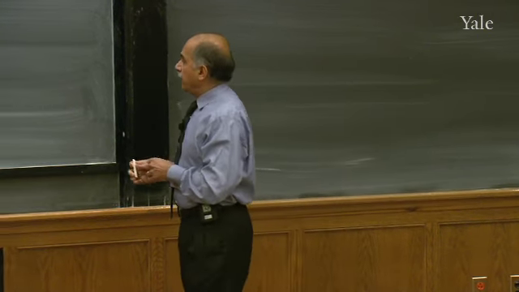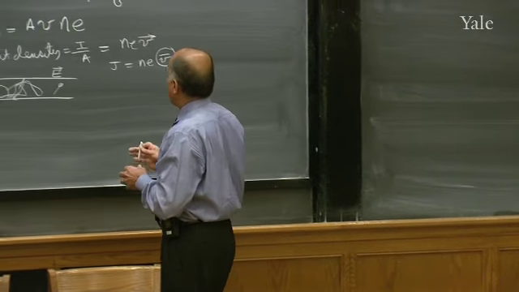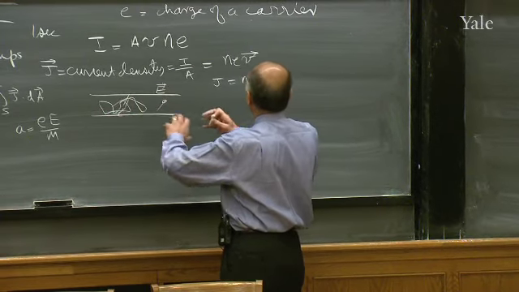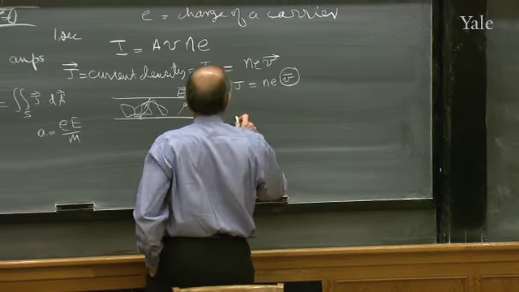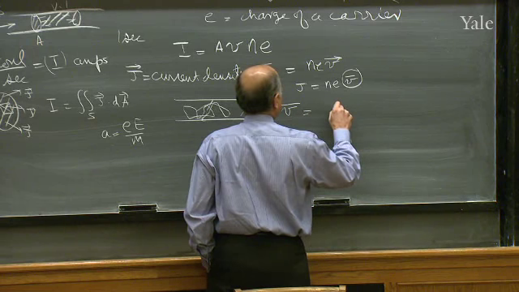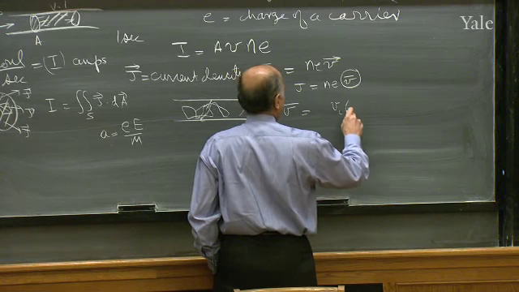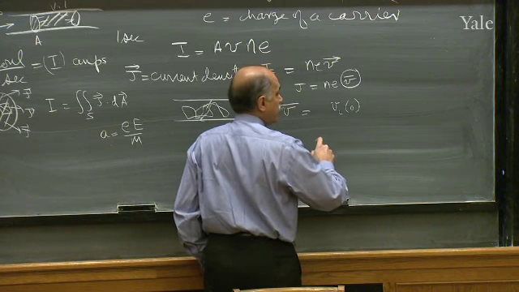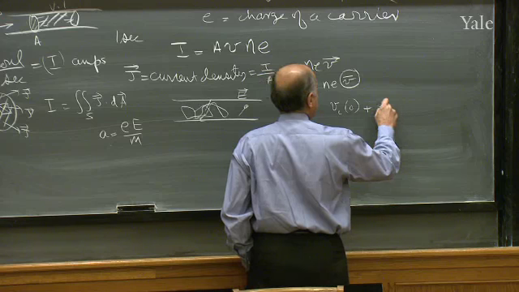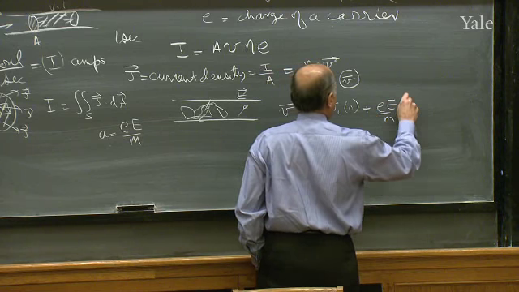Now, if I look at my clock, and if I look at the entire set of electrons and I say, what's the average velocity? The average velocity, which I denote with a bar, is obtained by averaging individual velocity. Individual velocity is the velocity at time 0 since the last collision plus eE over m times Ti.